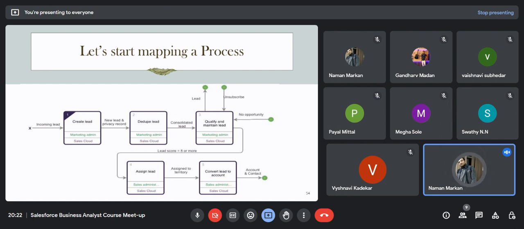Based on certain criteria, you can see the lead score, which is 8 or above.